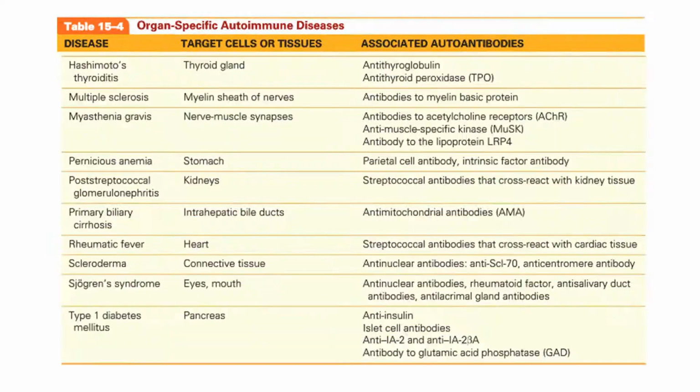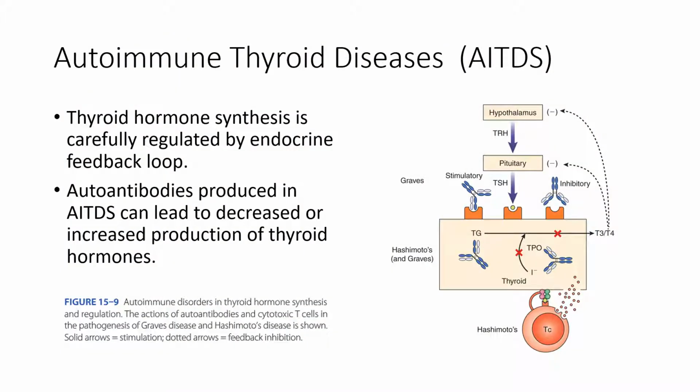So we'll go through that. Again, the chart. Autoimmune thyroid disease. I hope everybody remembers from anatomy and physiology, TSH is the thyroid stimulating hormone, and there's a feedback loop involved with the pituitary gland to produce T3 and T4, which regulate your metabolism.